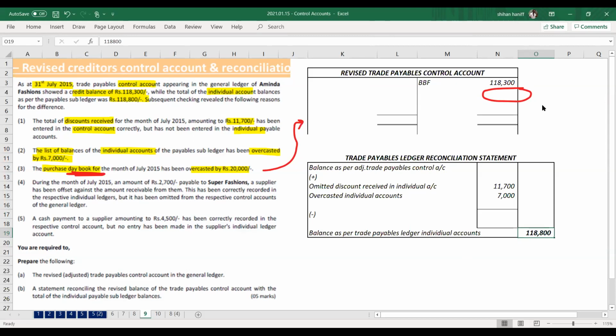So credit side is more. How do you correct this? Credit side is overcasted, means you have to debit 2,000. Overcasted purchases.